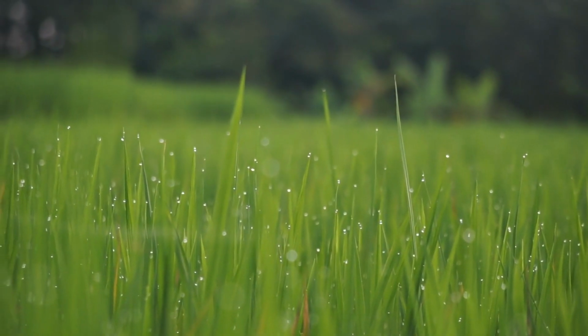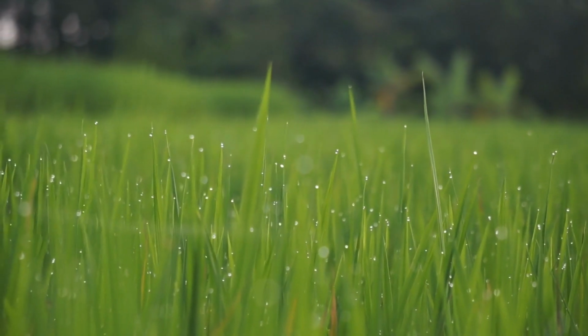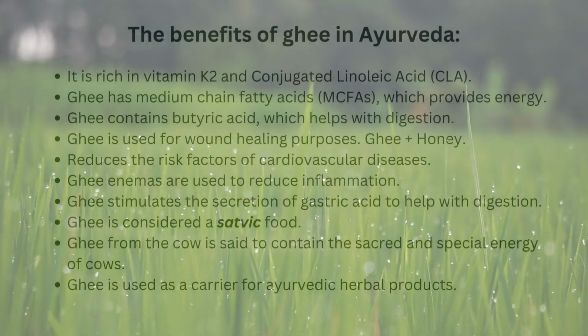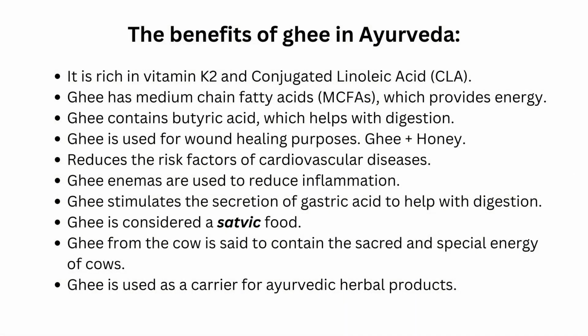So the benefits of ghee in Ayurveda. According to an article by Kumar et al. that was written in 2018, ghee has the following health benefits. Ghee is rich in vitamin K12 and conjugated linoleic acid.